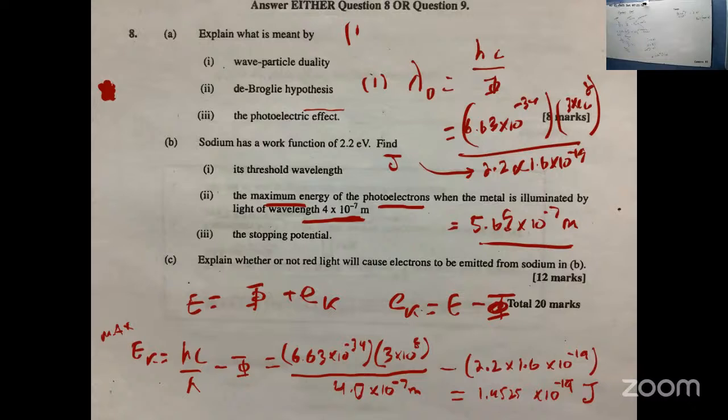No. A negative sign there would indicate that this process cannot happen, because the electrons don't have enough energy. It means that the work function would have been larger than the energy being supplied.